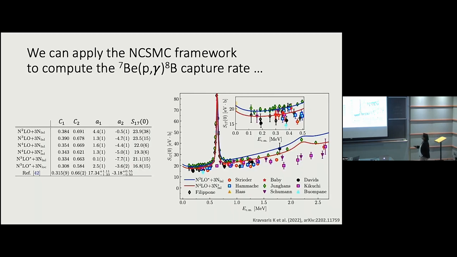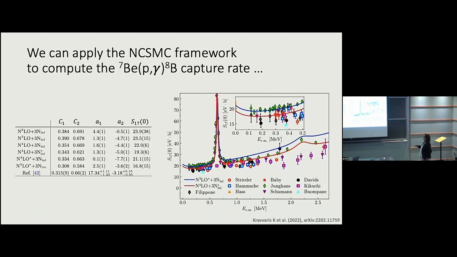So now, in general, what you can see here is that all these interactions tend to give a slightly different description of the system. These are the S-wave scattering lengths of the initial scattering state between the proton and the beryllium-7. This is a coupled channel calculation. We have two channels in which the proton and the beryllium-7 couple in either a spin 1 or a spin 2 configuration, and these are the values that we obtain, and they have opposite signs.